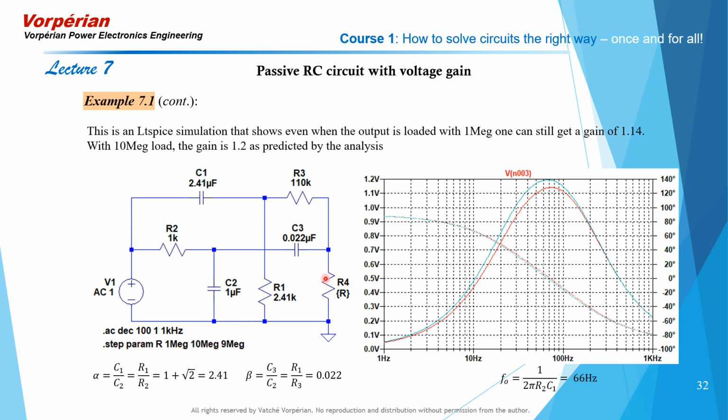Well, with 10 meg loading, we look at that transfer function here, and we see that the gain really reaches up to 1.2 as predicted. And with 1 meg loading, we expect it to be less, but we still get some gain, a little bit above 1.1 volts. So it works, and the resonant frequency is around 66 Hertz.